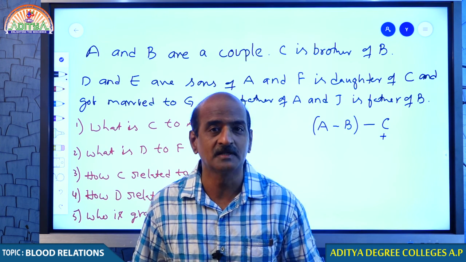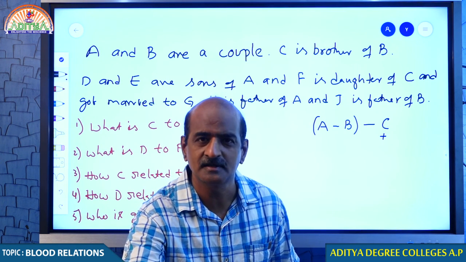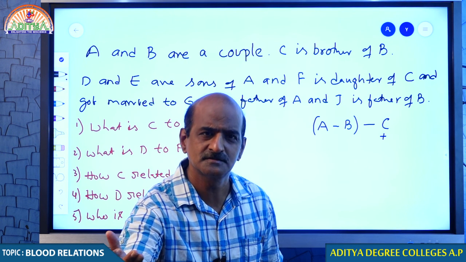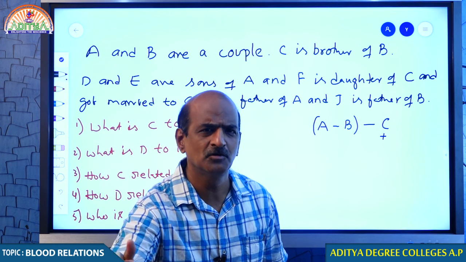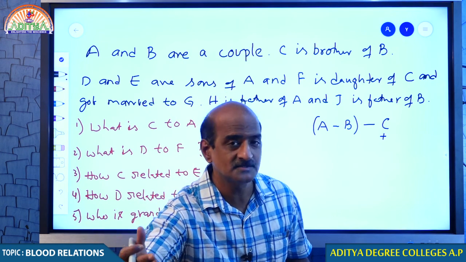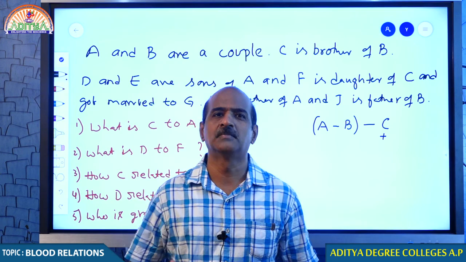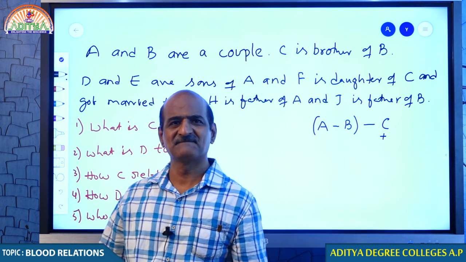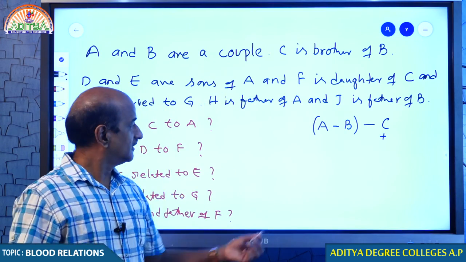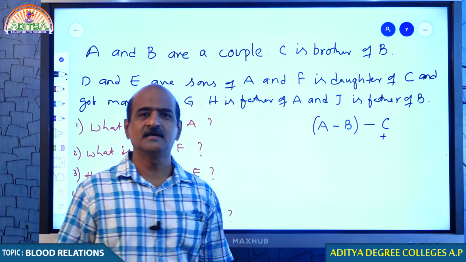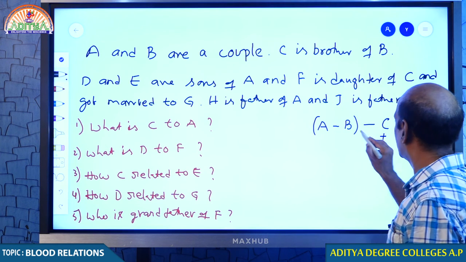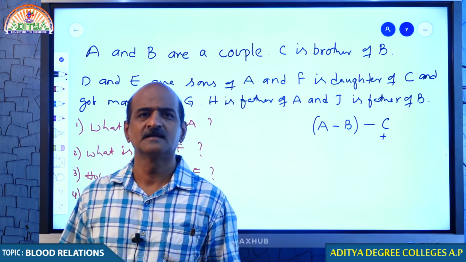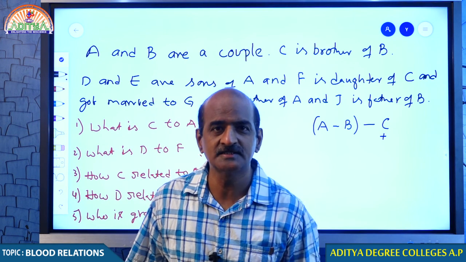Let me suppose I am brother of X. Then I will be brother-in-law to X's spouse, Y. You need not know the genders of X and Y. But when I am brother of X, I will be brother-in-law to Y. I hope you understand. When C is brother of B, C will be brother-in-law to A.